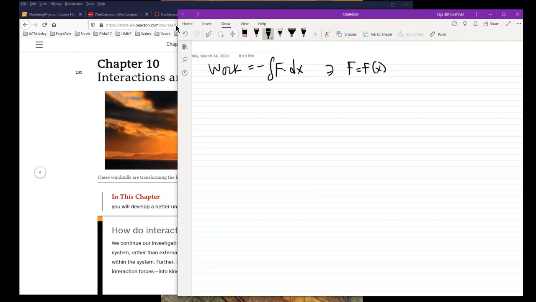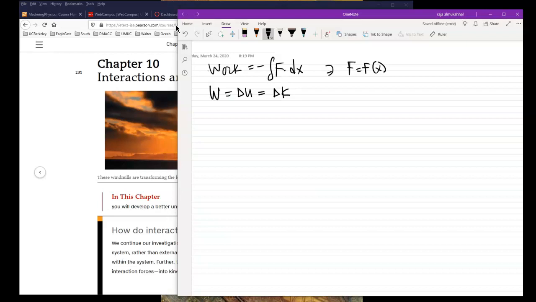That's why you take the integral with respect to dx rather than dt. Also we talked about the work energy theorem, and we said that work is equal to the difference in potential energy, and also equal to the difference in kinetic energy. Remember that? So these are the formal equations.